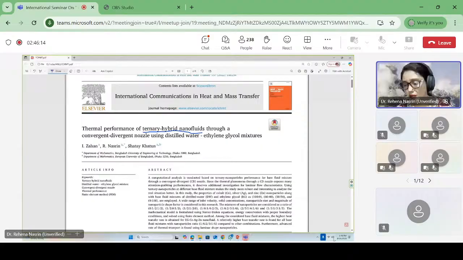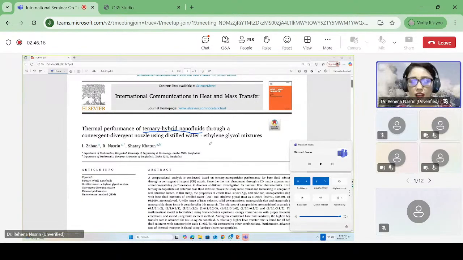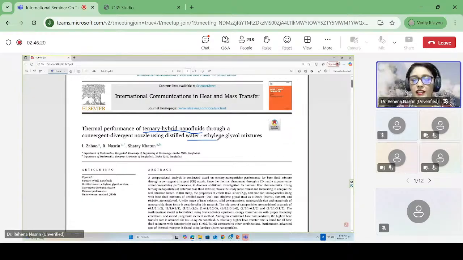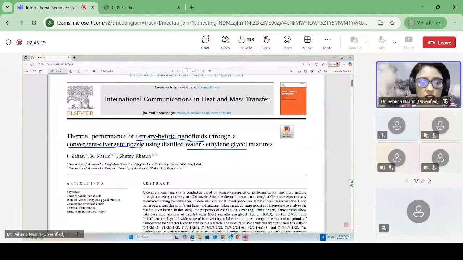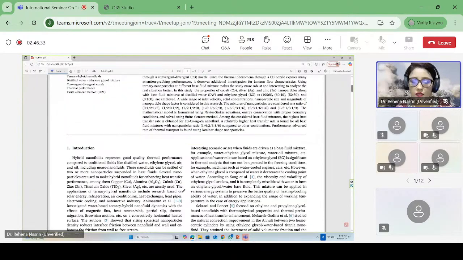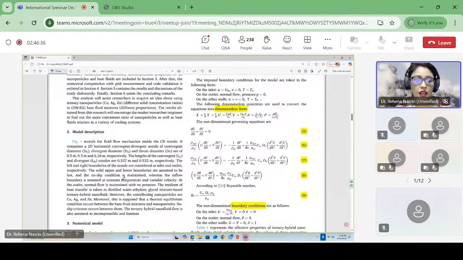That is, three types of nanoparticles we consider here, and the base fluid is considered as a water and ethylene glycol mixture, and our geometry is the convergent and divergent nozzle. So we can go for these types of geometry.